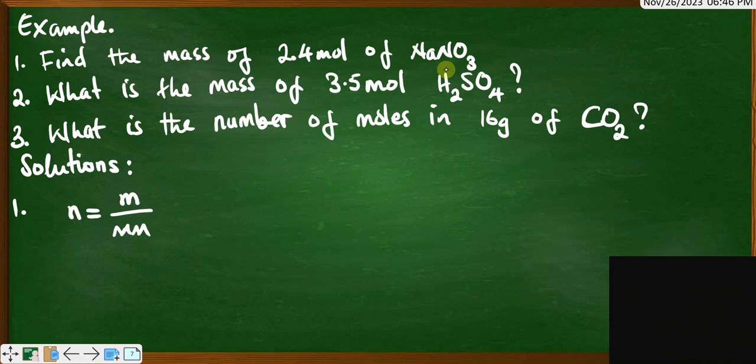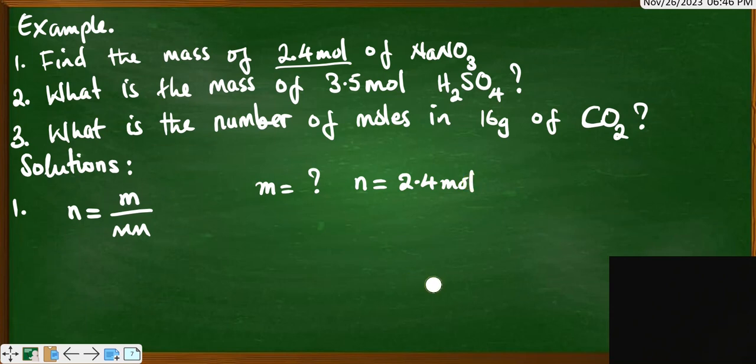So first of all, we need to put out the data. They are saying find the mass, they want M. Now what else have they given us in the question? They have given us the number of moles, which is 2.4 moles.